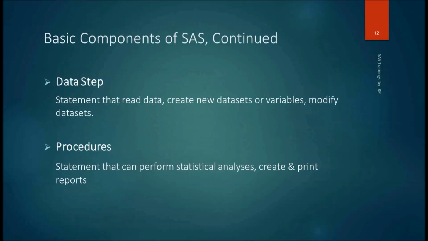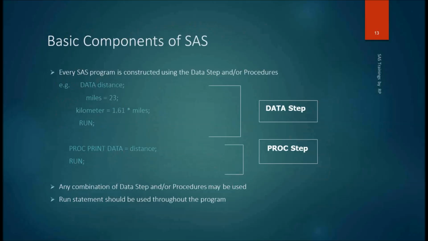Basic components of SAS, continued. A data step is a statement that can read data, and create and modify existing data. Whereas a procedure is also a statement, but it performs some statistical analysis method and creates and prints reports.